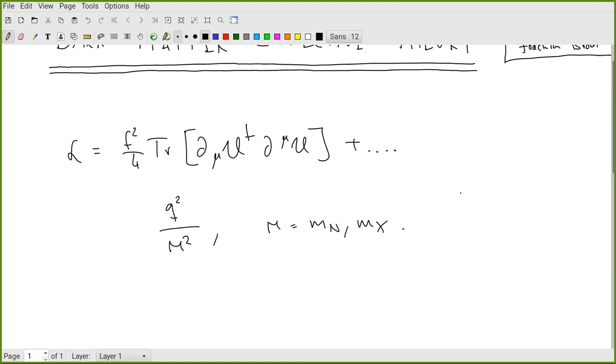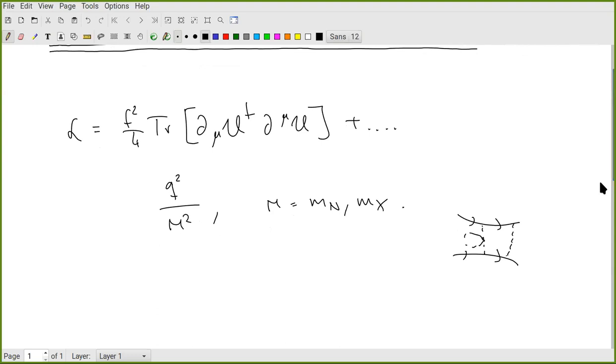The ingredients are now the nucleon lines, dark matter lines, and pions that can be exchanged in some way. And the question is, which of these diagrams should you include? If there's a small coupling, it's clear what to do: we include the tree-level diagrams. But if we have this chiral expansion, is it clear that we should start with tree-level diagrams? That's what I wanted to discuss a little bit.